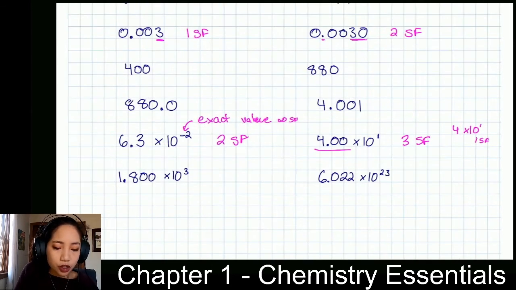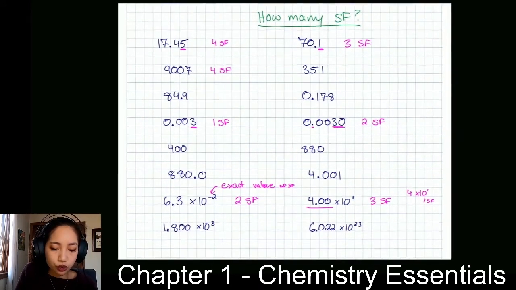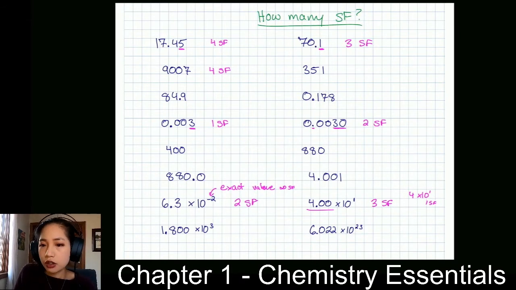All right, so I always like to encourage students to watch lecture videos. So almost within every chapter, I will put a little bit of extra credit for the students who are watching. You see that I didn't do all of the examples here, but if you take a screenshot or copy down these values and complete the rest of the identifying the number of sig figs, just email me your answers.